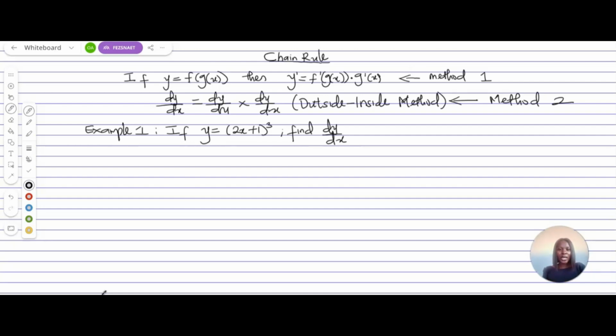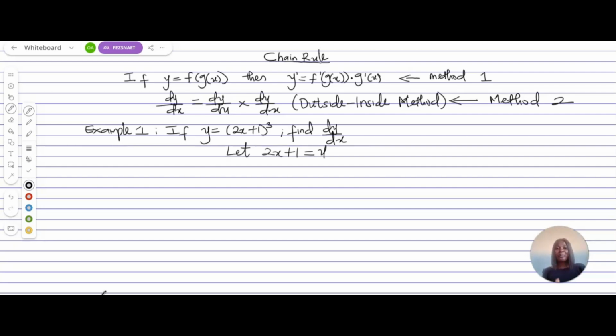Now let's quickly look at this. If y is equal to (2x plus 1) all to the power of 3, what am I expected to do? I'm using the second method now. The first thing I would love to do here is to let 2x plus 1 be equal to u.